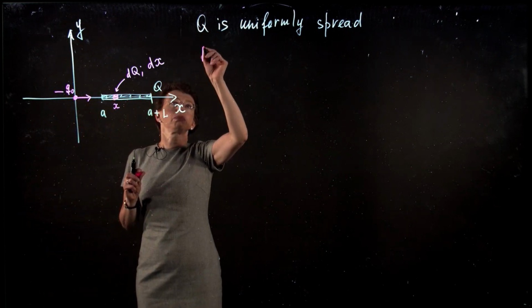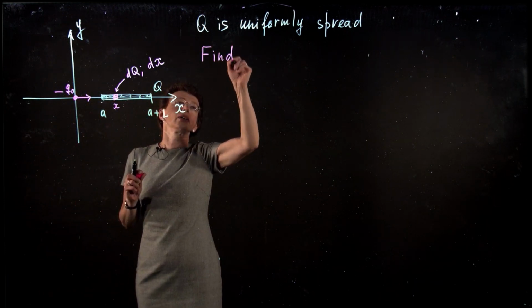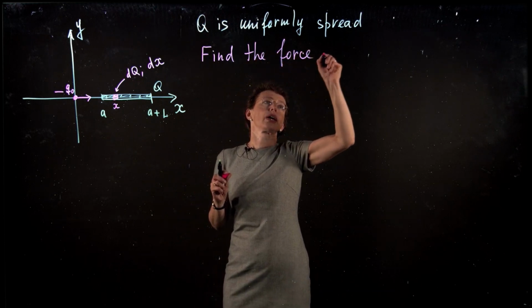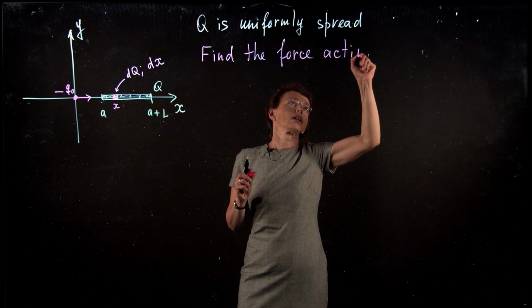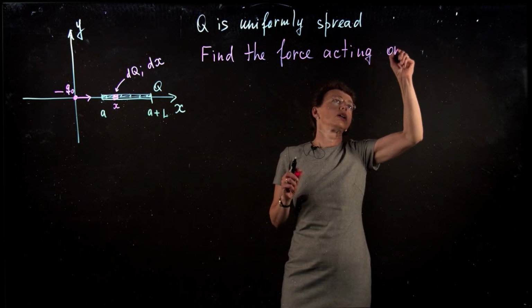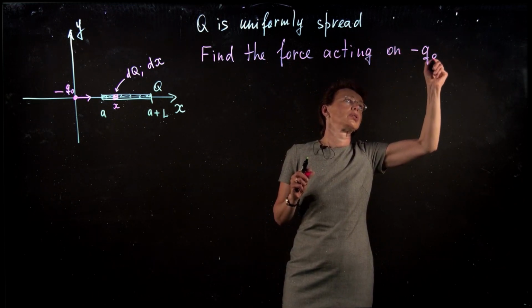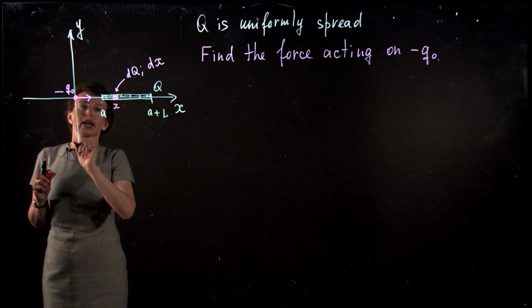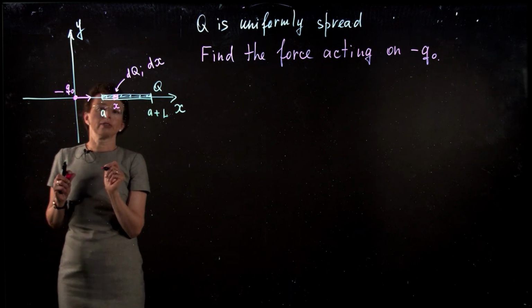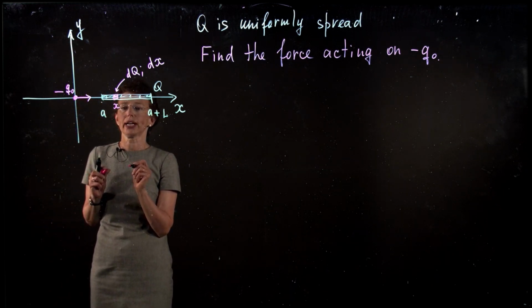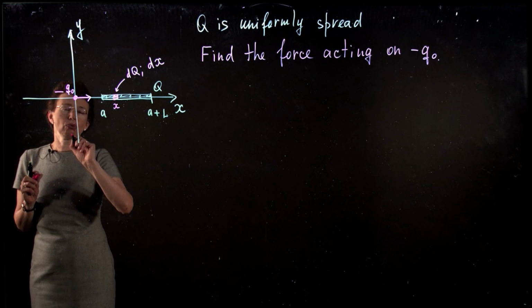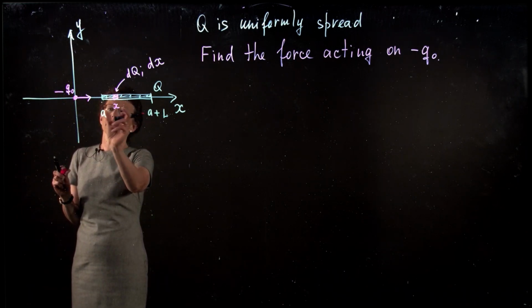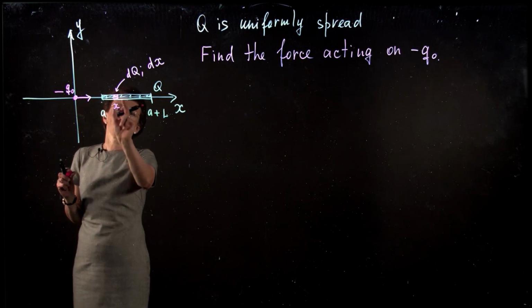Again, let me remind you that we find the force acting on minus q naught. So this force will be to the right, and we can break this force into components, because we understand that there will be just one component.